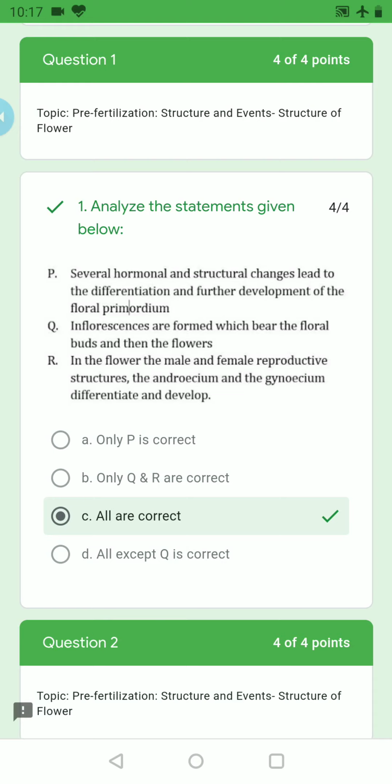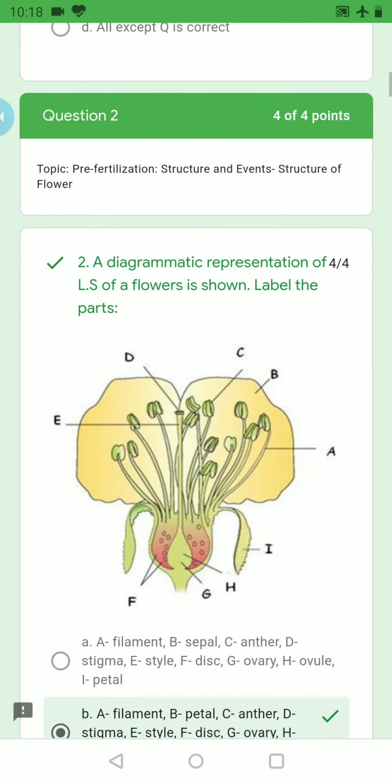If you see all these statements, all three are correct, because we discussed this topic during the developmental stages, where hormonal changes lead to these changes. I think it's clear. Got it? Next question, the second question.